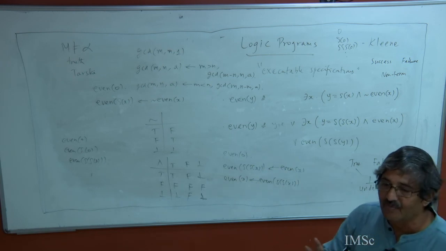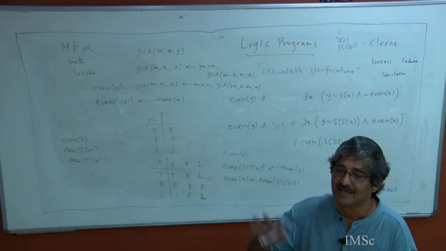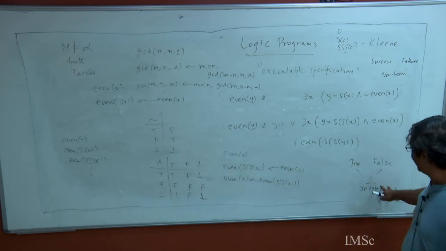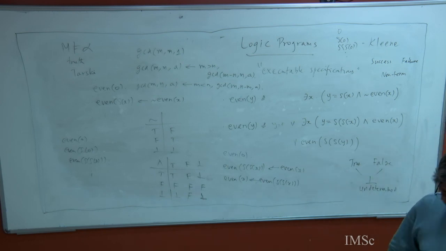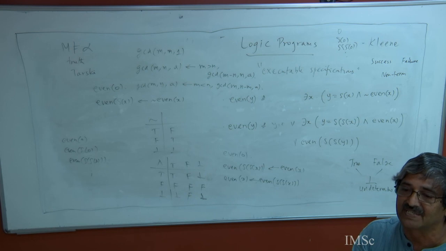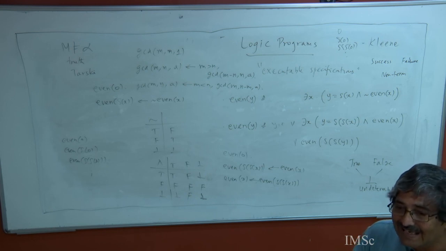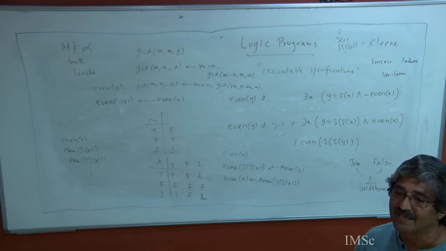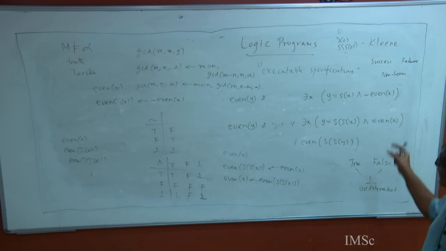So this idea of working with partial Herbrand models and Kleene's three-valued logic gives a very beautiful and very simple semantics for logic programs. This is the extension of taking first-order logic and throwing in this idea of recursive definitions on top of that.